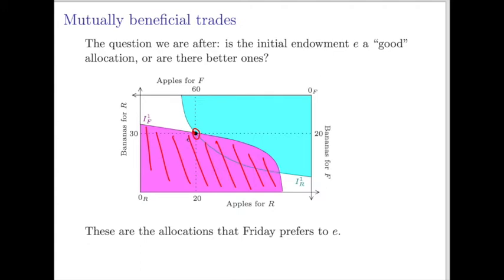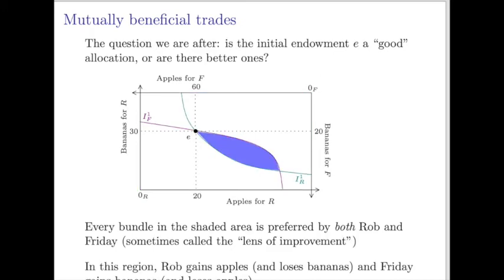Okay. Now, the question of whether it is possible to make both these guys better off is really, is there any intersection of these areas? And the answer is yes, right? Everything here makes both Rob and Friday better off than E. Some people call this the lens of improvement.